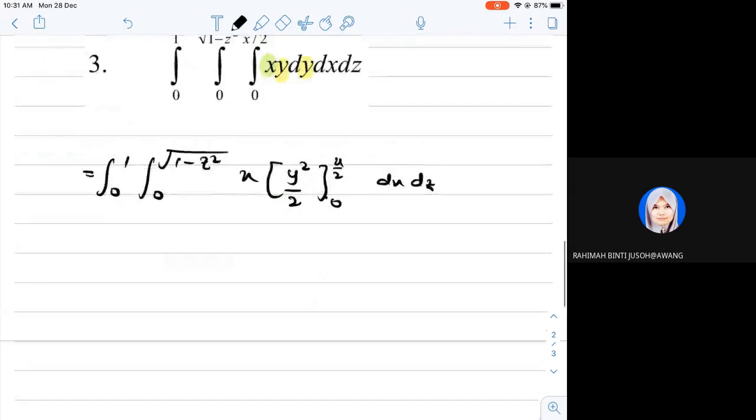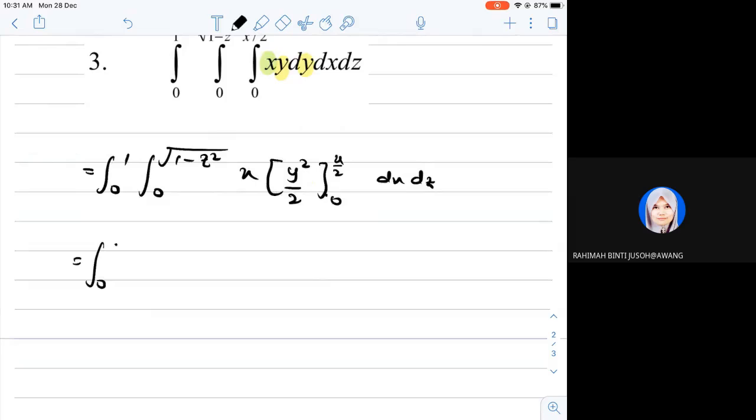Okay, so let us proceed. We can have this 0 until 1, 0 until square root of 1 minus x squared. Substitute x over 2 into the y. I take out this coefficient, so it becomes x over 2.